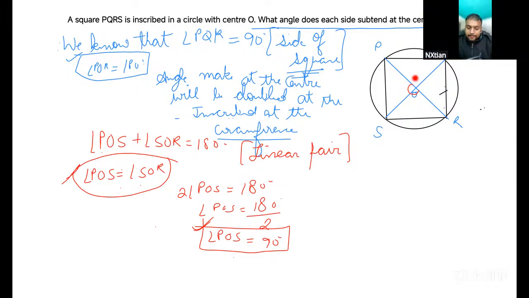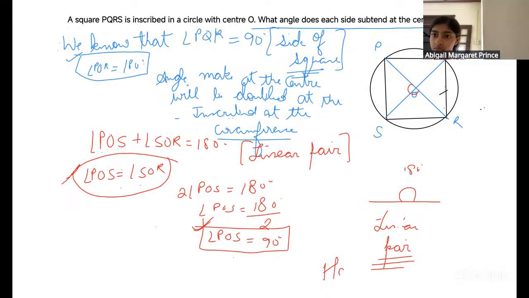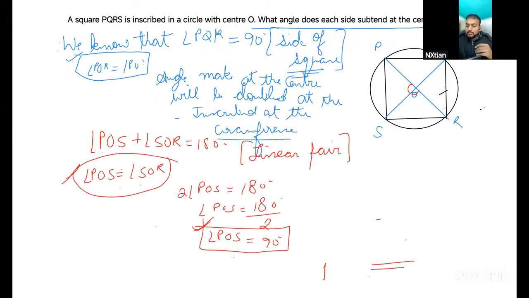POR is a straight line, and a straight line always creates an angle equal to 180 degrees. It's a property called the linear pair property. Did you understand? Yes, sir. Linear pair always makes 180 degrees.